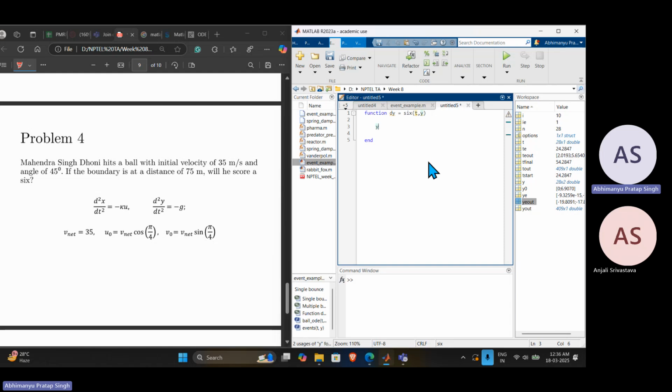The first one, dy1 would be y2, and dy2 would be minus kappa times y2.